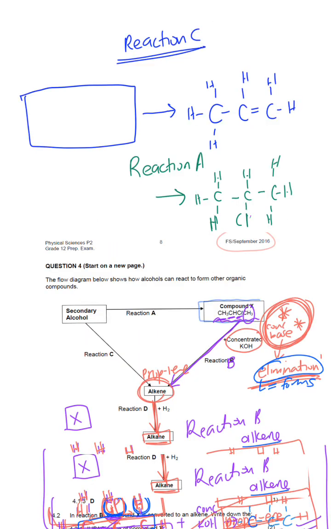Okay, so looking now at reaction C, we can see that they're showing us this arrow. So reaction C occurs and the alkene prop-1-ine is formed. So I've just set this up here. Here's reaction C in blue at the top.